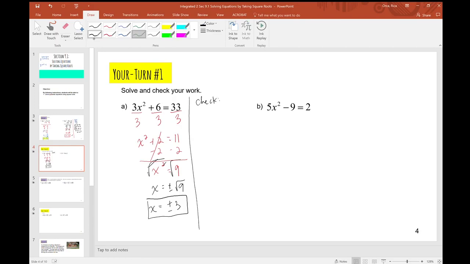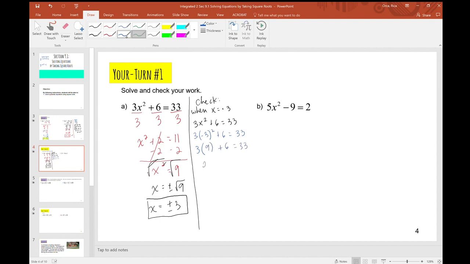So check when x equals -3. We have 3x squared plus 6 equals 33. Plug in the -3. 3 times -3 squared plus 6 equals 33. -3 squared is 9 plus 6 equals 33.